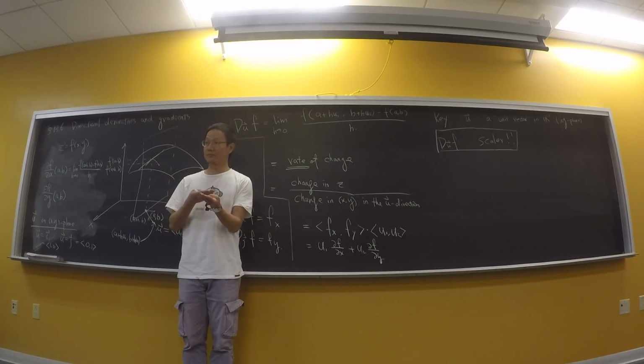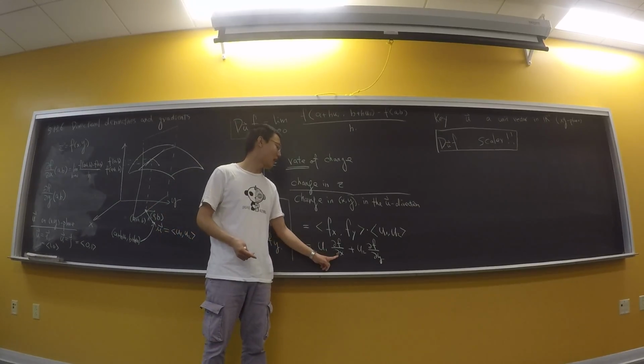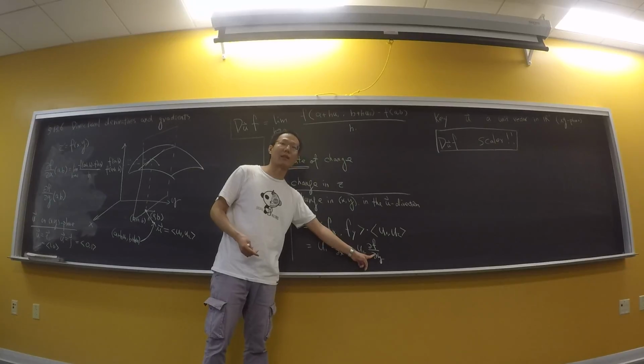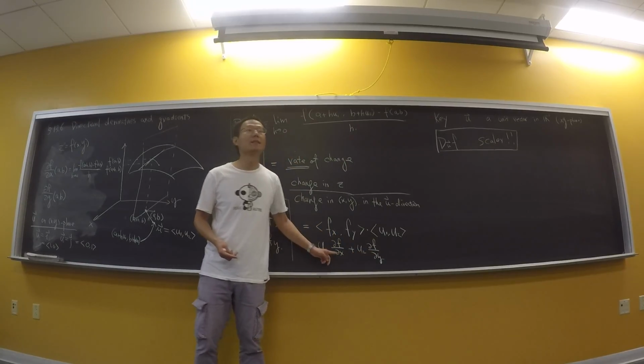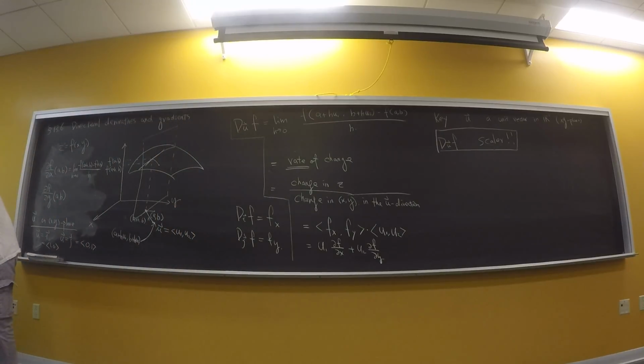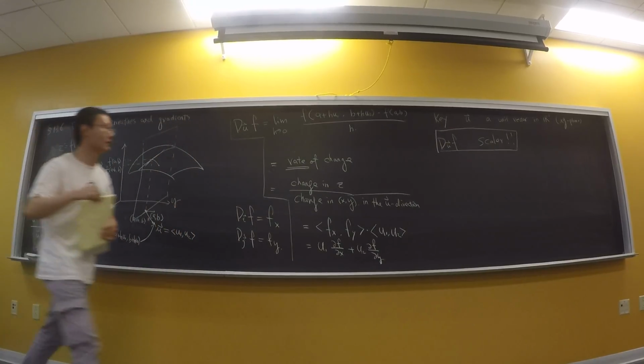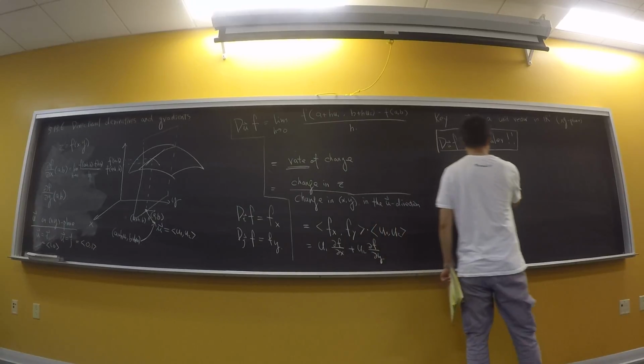You have a function, right? If I want to compute the directional derivative for a given vector u, I compute the partial derivatives with respect to x and y, and then I take a linear combination of them. Okay? Are you with me? So now I want to practice quickly how we can do this.